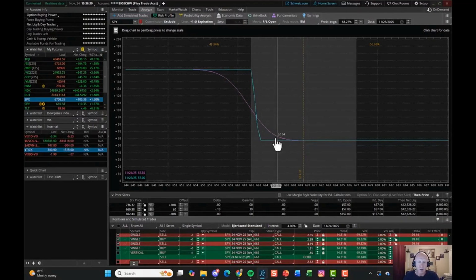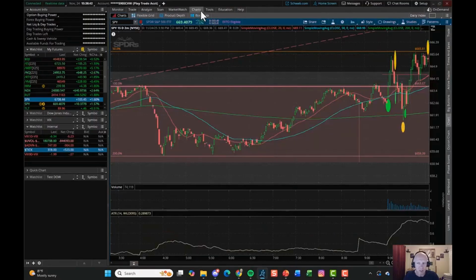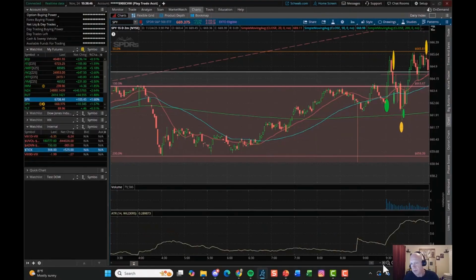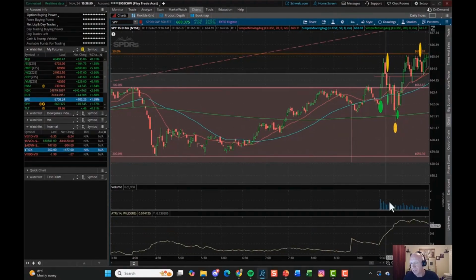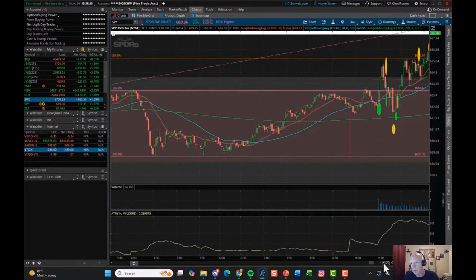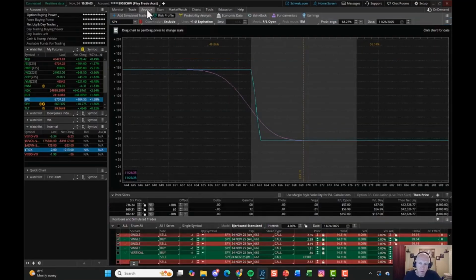Okay, so what ends up happening here is that we do pull back a little bit, but it doesn't stay down, right? It wants to go, and then we get this breakout move. The market's going up. So since the market's going up, what I ended up doing is, and this still had value in it, right?